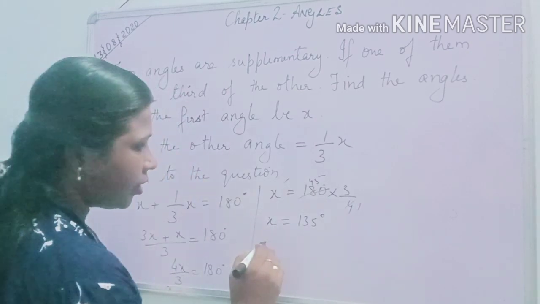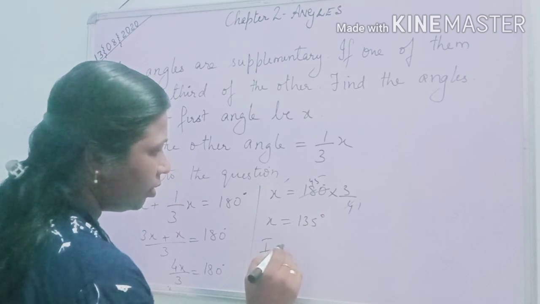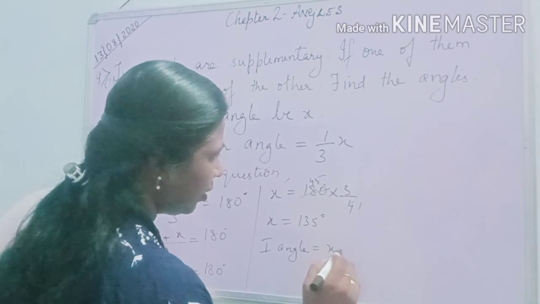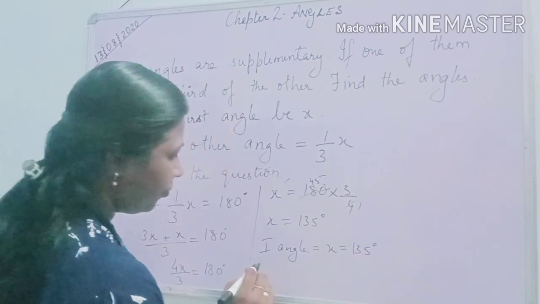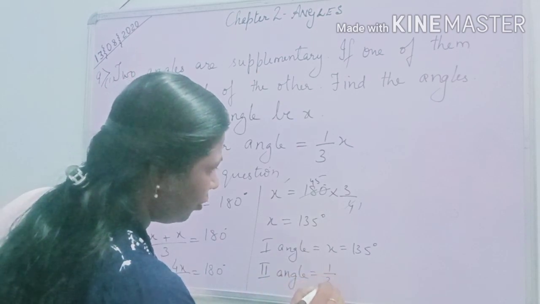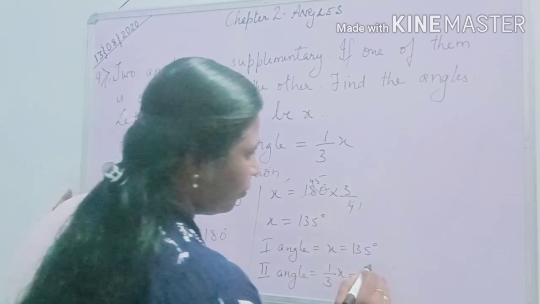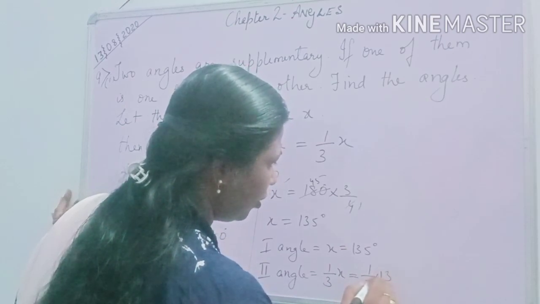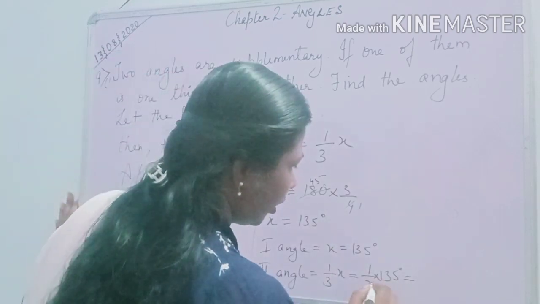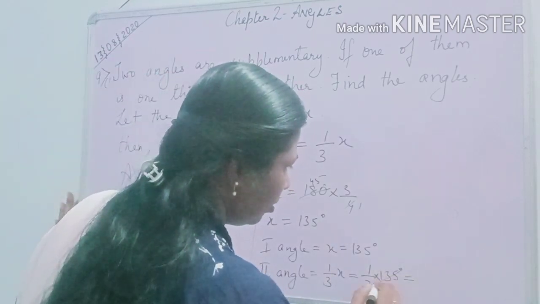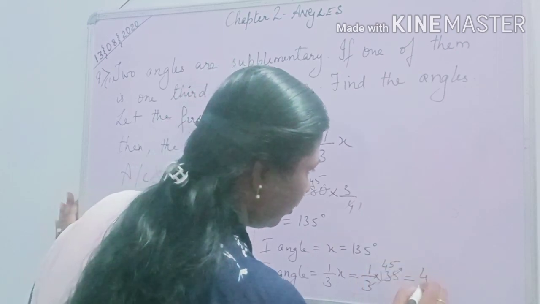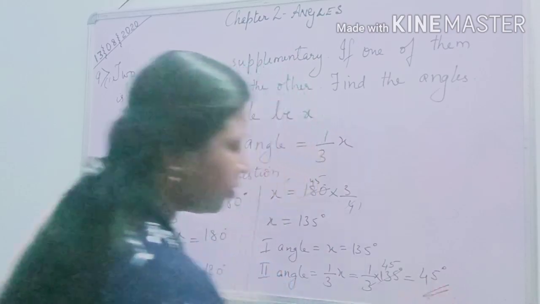First angle is equal to 135 degrees. Then the second angle is equal to 1/3 of x, that is 1/3 into 135 degrees. We can cancel, then we get 45 degrees. Is that clear, students?